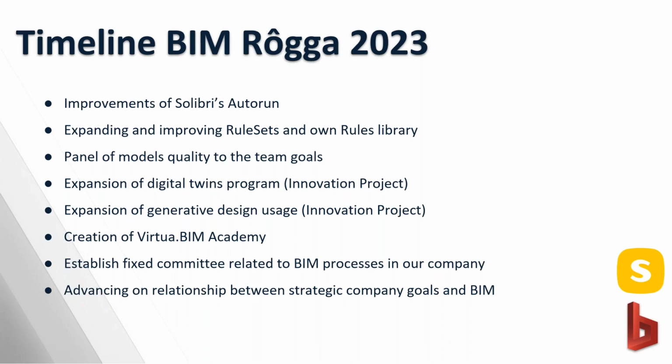Looking to improve our rule sets and to expand our library of these rule sets. Looking to have a strong panel of model quality to have some great numbers for the team goals about information quality in the models here.